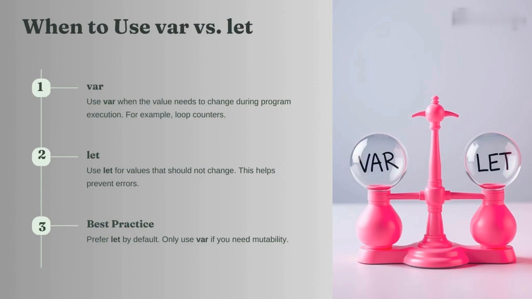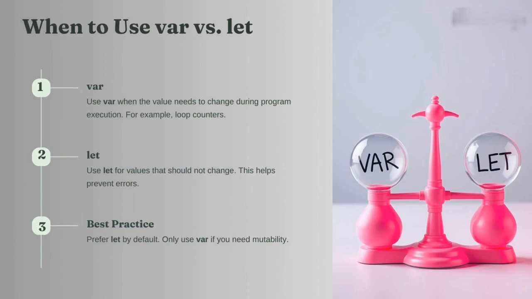You use a variable when you need to change the value, and when you don't want to change any value in the future, then you can use a constant. So var is used to declare variables that can change their value. Let is used to declare constants that cannot be changed once set. Always use let when you know the value won't change, as it can help prevent accidental modification.